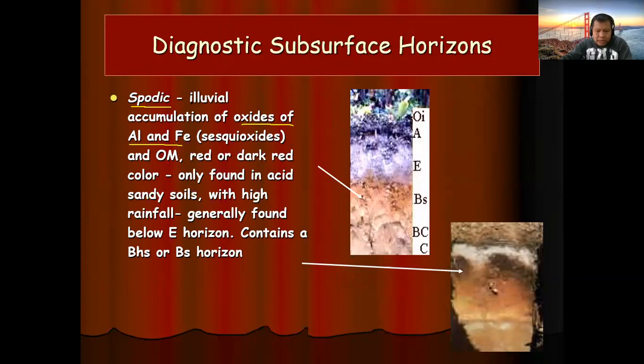Again, spodic, illuvial accumulations of oxides of iron and aluminum, or sesquioxides, and also organic matter. So illuvial accumulation of organic matter. This must be red or dark red in color, only found in acid sandy soils with high rainfall, generally found below the E horizon, containing a Bhs or the Bs horizon.